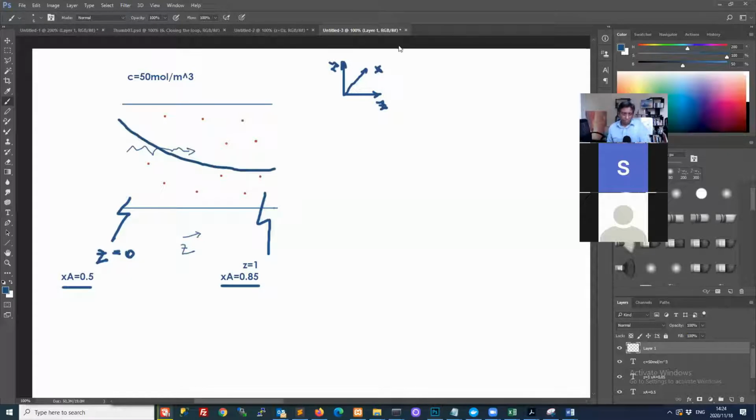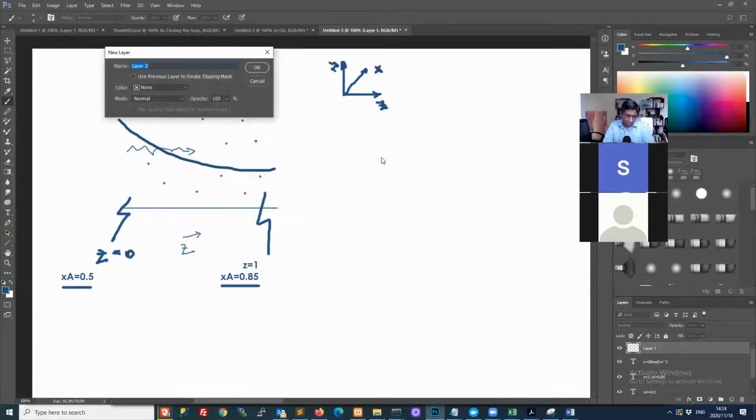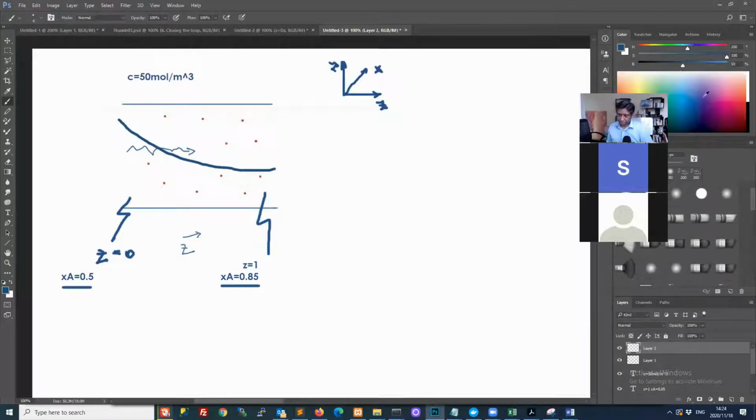And now we want to know, with steady state, what does this look like? Now at steady state, we have to have the amount of A at each point in the system being constant. The molar flux must be constant. So I'm just going to draw that. So let's just draw a couple of partitions here.